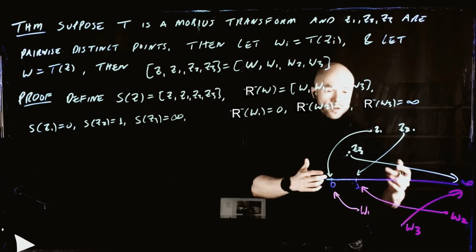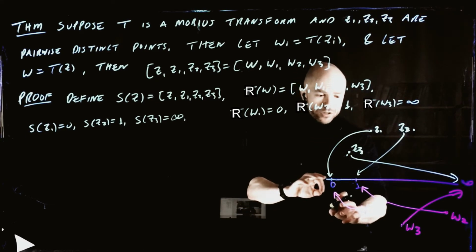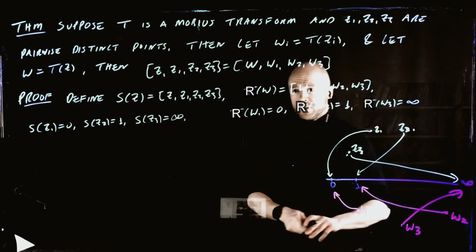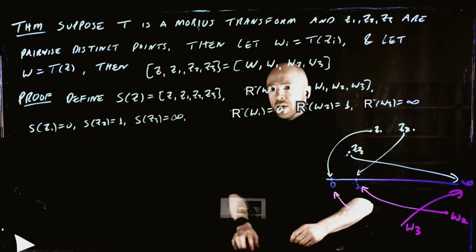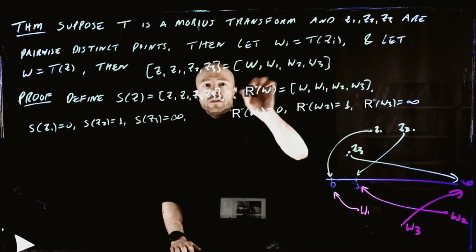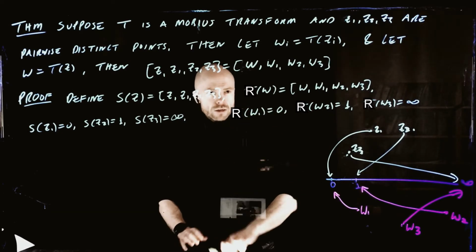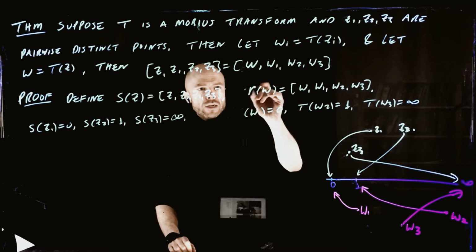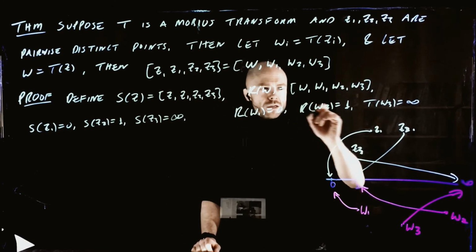So for example, we could take Z1 going to 0, and then with the inversion of this guy here, send it to W1. Start again. I said that wrong, and I've used the letter twice because T is our transform here. So let's not call that T, let's call that R, because T is our original guy.